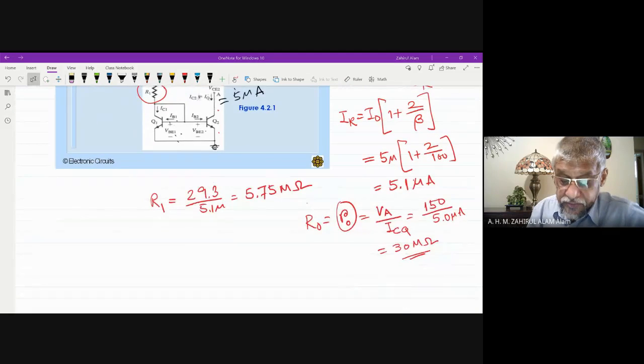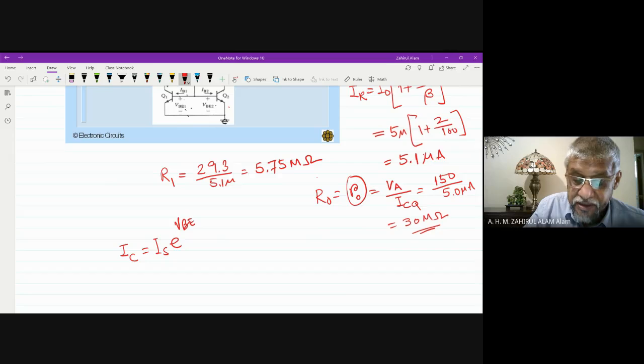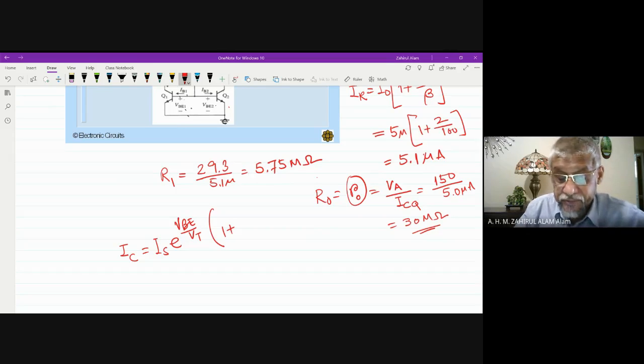How to do this? IC equals IS e to the power of base to emitter voltage over VT, times 1 plus VCE divided by VA.